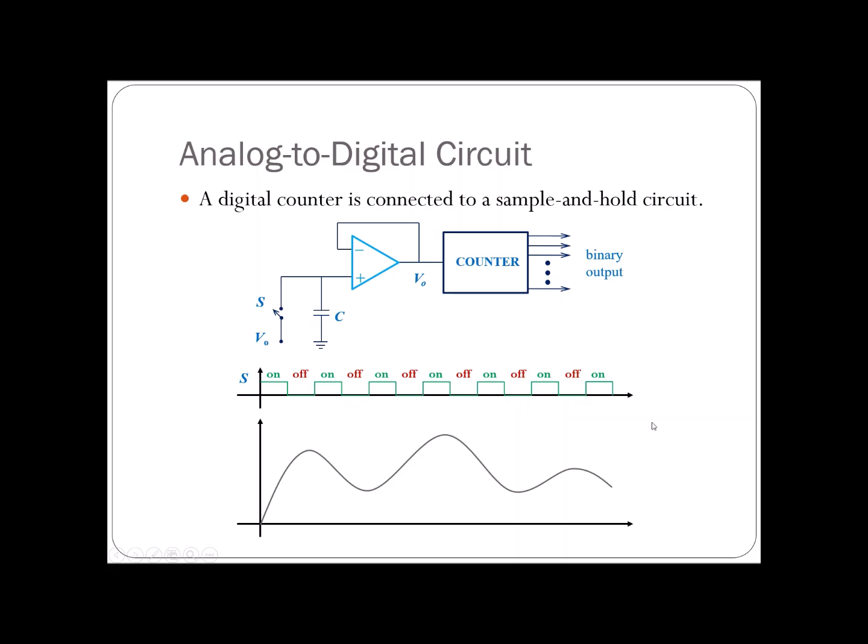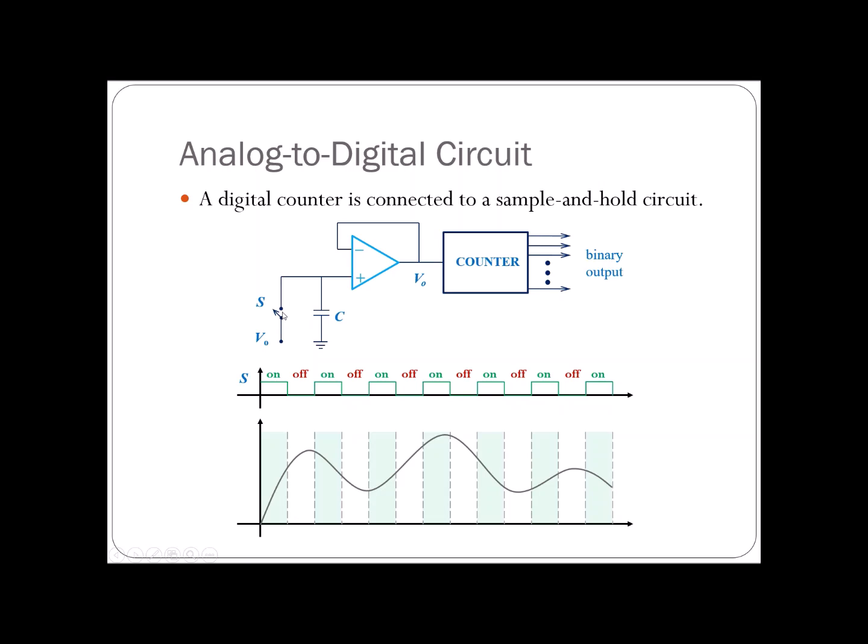So to make our analysis easier, I redraw here the instances when the switch is on and when the switch is off. The green area represents the instances when the switch is on. Now let's take a look. When the switch is on, when this line is connected, there is a voltage coming from this analog signal that we want to record.